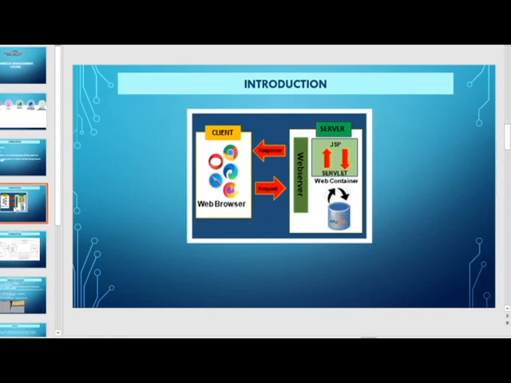So we have two sides, client and server. The client, which is the end user, will see or use the product from the web browser. And then the system is located on the server side, which has components such as the web container, which includes GSP and the servlet which interact with each other, and also the database.